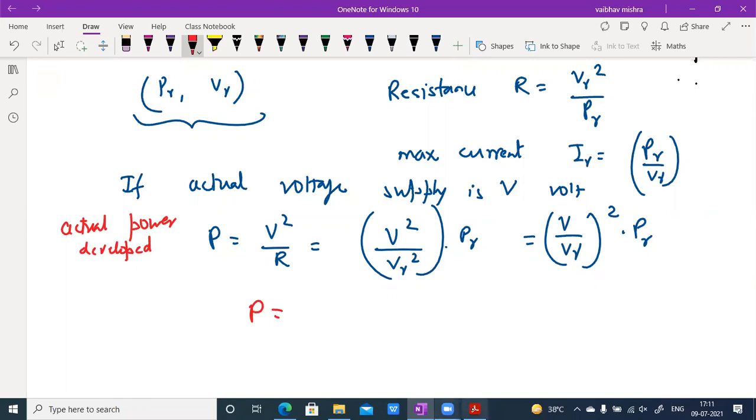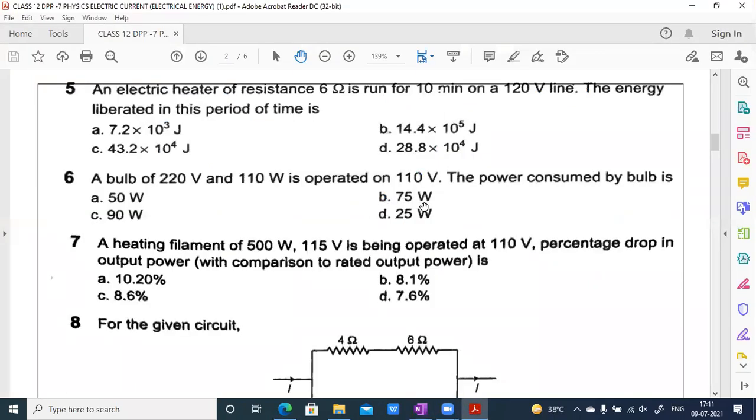V कितना है अभी? V हमने जो अप्लाई किया है that is 110 and rated was 220.